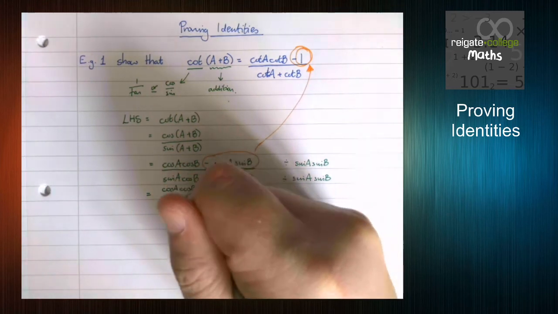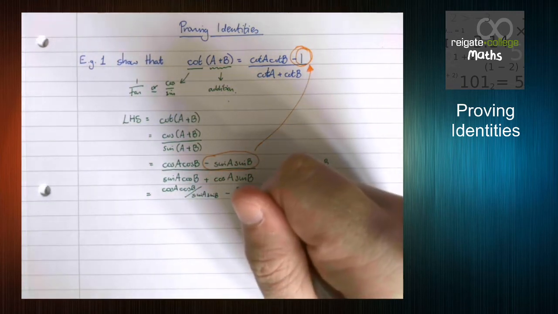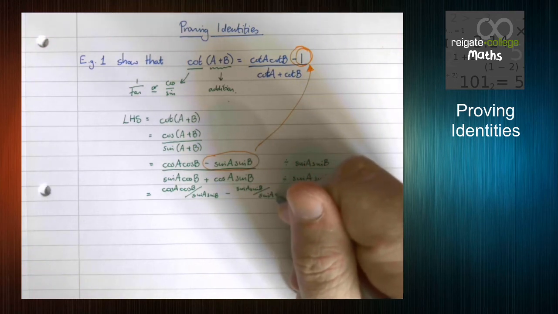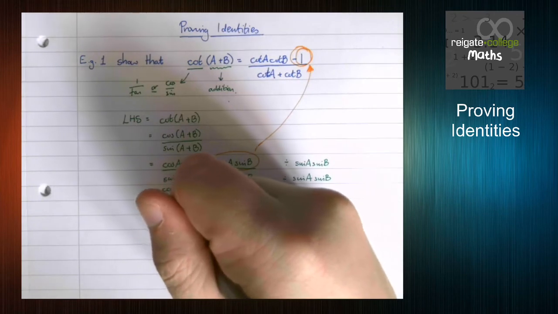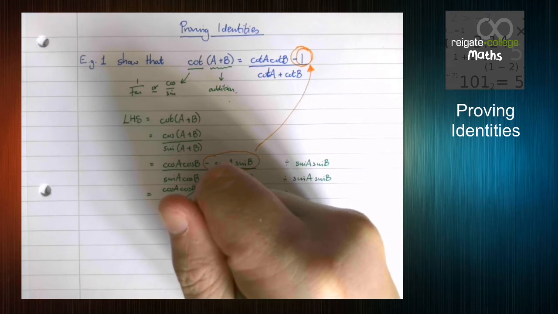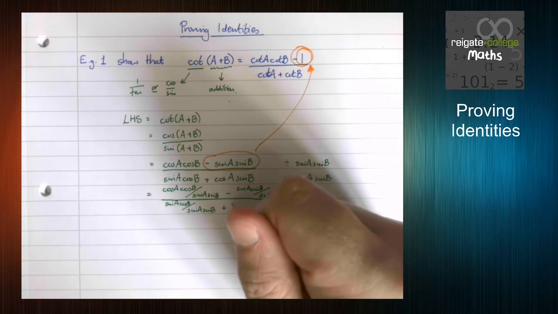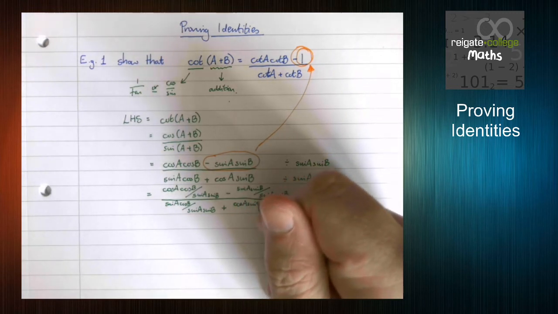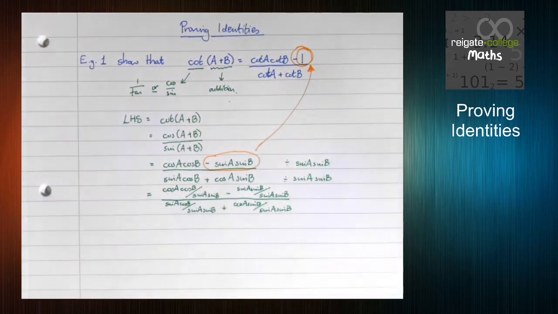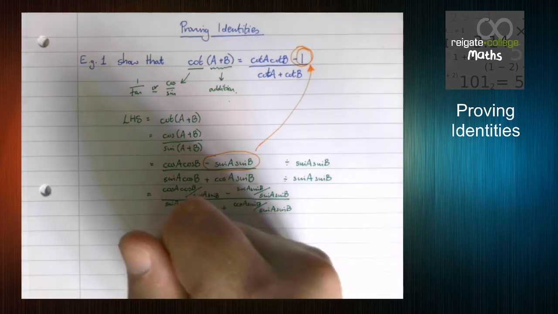We're going to get cos A cos B over sine A sine B minus sine A sine B over sine A sine B, all over sine A cos B over sine A sine B plus cos A sine B over sine A sine B. And now, like with the tan proof, things are all going to cancel out and simplify.